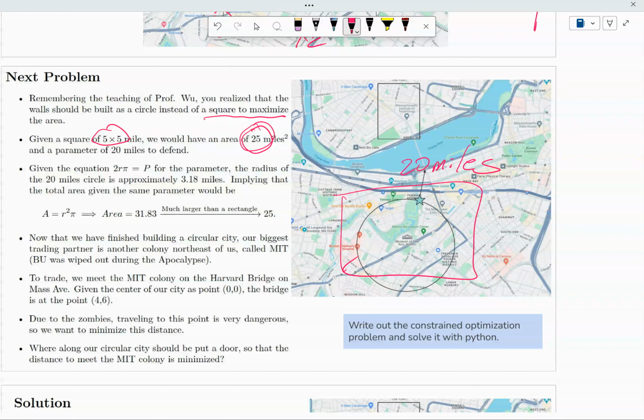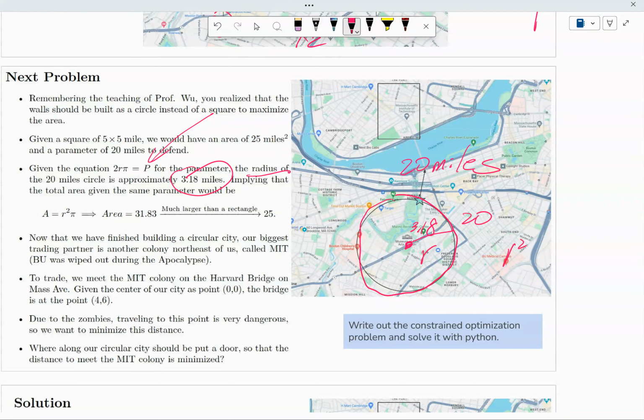Now, given a circle, let's say we have a circle, and this is the equation for the perimeter. If instead of a rectangle we have a circle with a perimeter of 20 miles, it means the radius is roughly 3.18. If we have 3.18 as the radius, what is the area? Area is radius squared times pi, so the total area is 31.